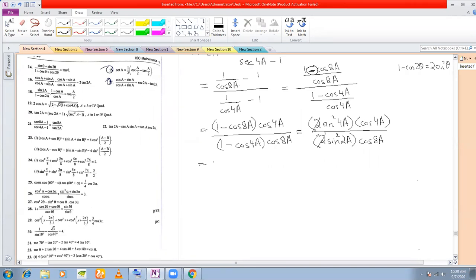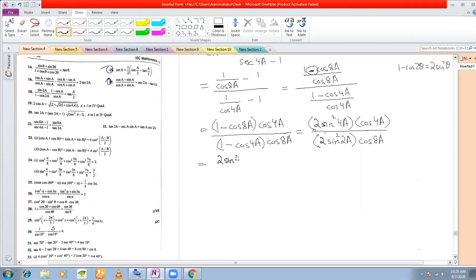Now what you should do here is instead of cancelling these two with these two, it can actually be a little useful. So we don't cancel this two, let it be. We are going to use both these tools. What we are going to do here is you have a sine square 4a and a cos 4a, so you're going to take these two together.